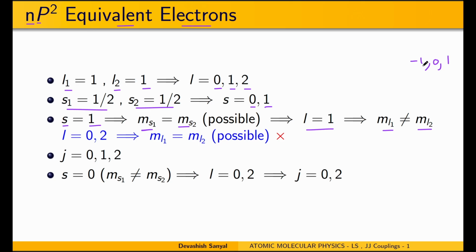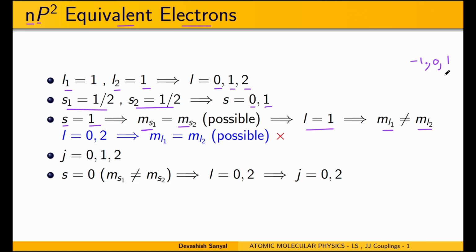So you can have, say, one electron with z component minus 1 and the other one 0.